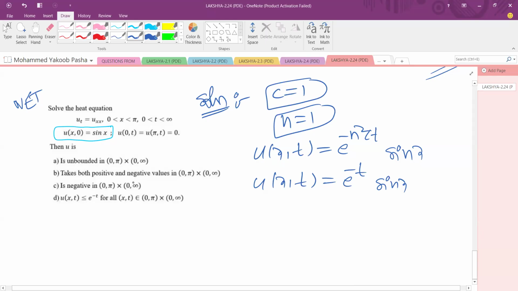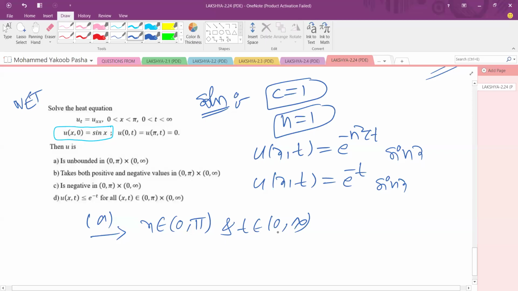That means x lies in the interval 0 comma pi and t lies in the interval 0 comma infinity.